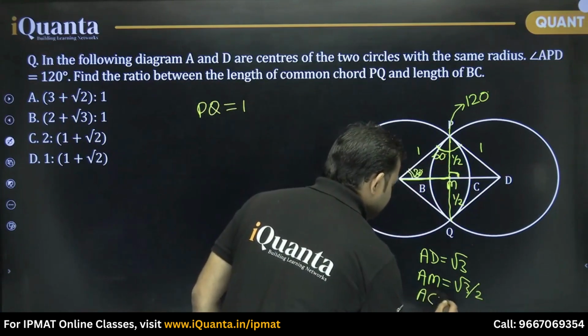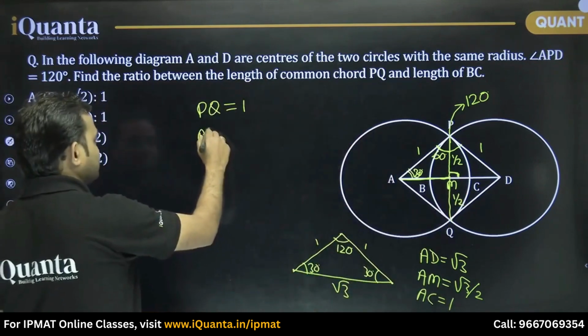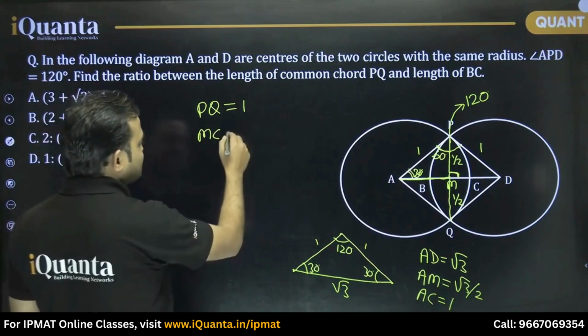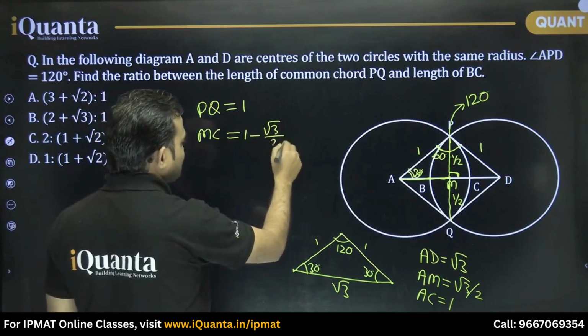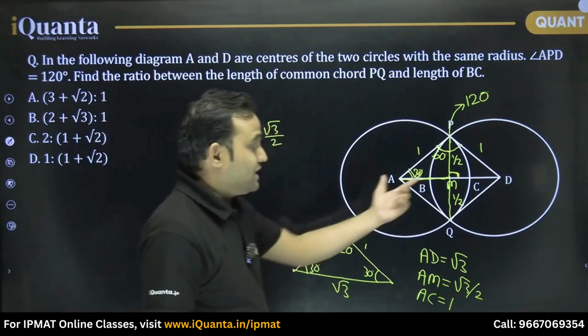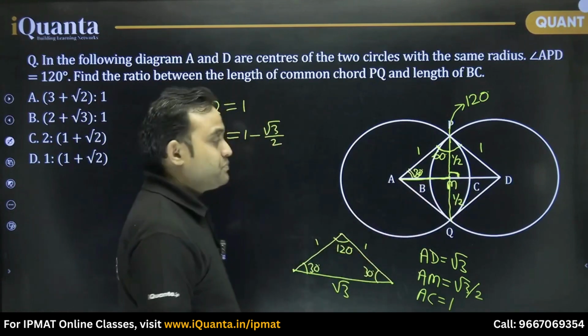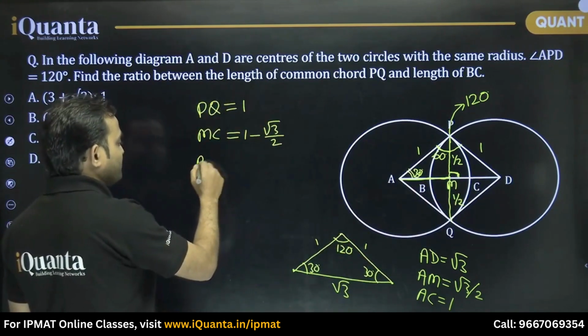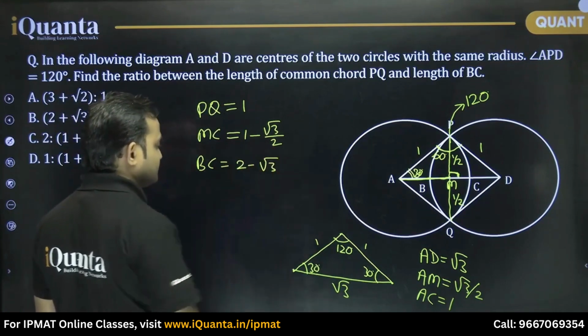So AC is equal to 1. Can we say the length of MC? The length of MC will be equal to 1 minus root 3 by 2. And the length of BC will be double of it, because MC will be equal to BM. So we can say the length of BC will be equal to 2 minus root 3.